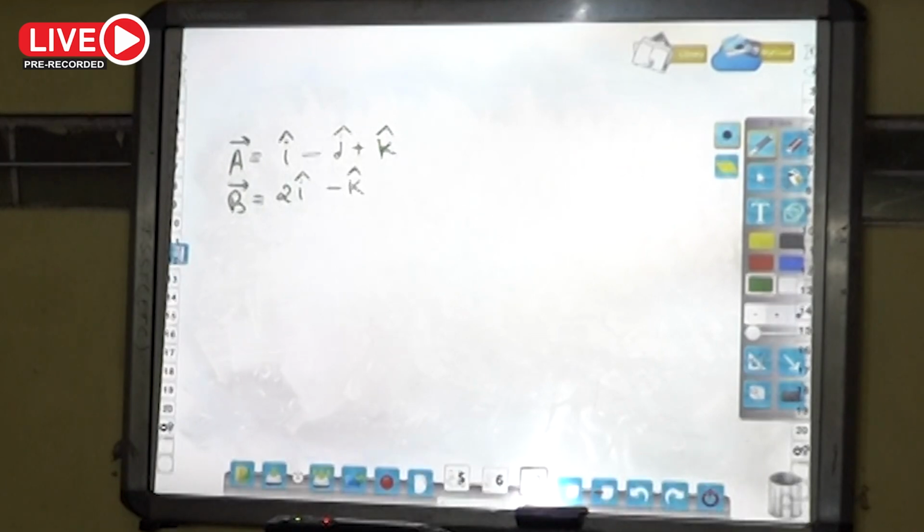If these two vectors represent the two sides of a triangle, diverging from the same point, meaning they are directed like this, diverging from the same point, then find the magnitude of area of that triangle.